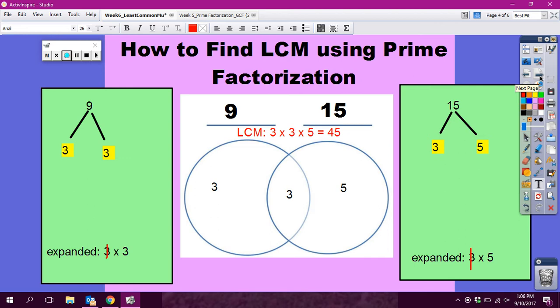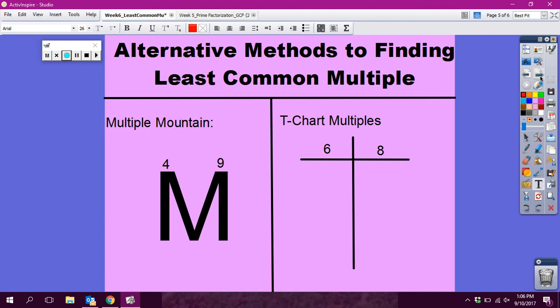But there are alternate ways if you're not comfortable using prime factorization. There are 2 other methods. You've got multiple mountain, which you may have heard of if you went to Matt Elementary last year. And then there's also the T-chart, using the multiples of the number. So if you'd like to use either one of these, you're welcome to. But here are the strategies so you know how to use them.